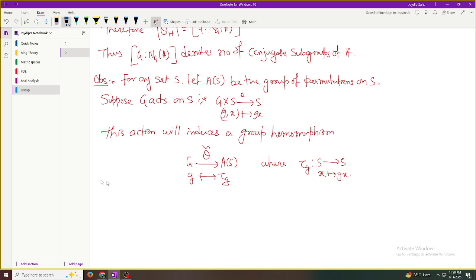At first I see that tau_g is a bijection. If tau_g(x) equals tau_g(y) for x, y in S, then gx equals gy, so g inverse gx equals g inverse gy, so x equals y.